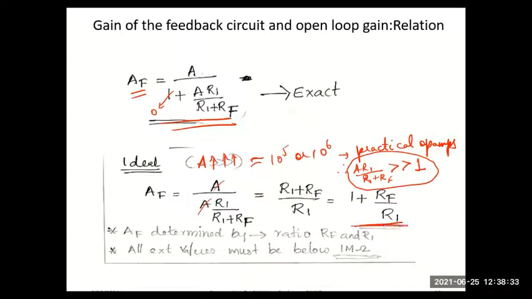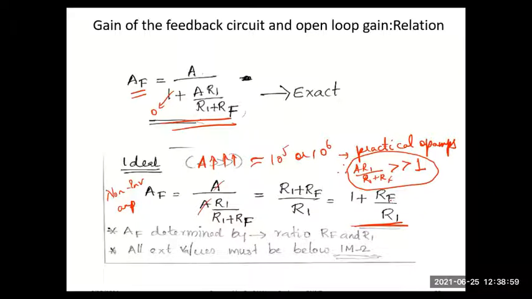Or as you said, the gain with feedback for a non-inverting amplifier is 1 plus RF by R1. And you can see that the voltage gain is mainly dependent on this ratio RF by R1. The larger the value of RF, the higher the gain.